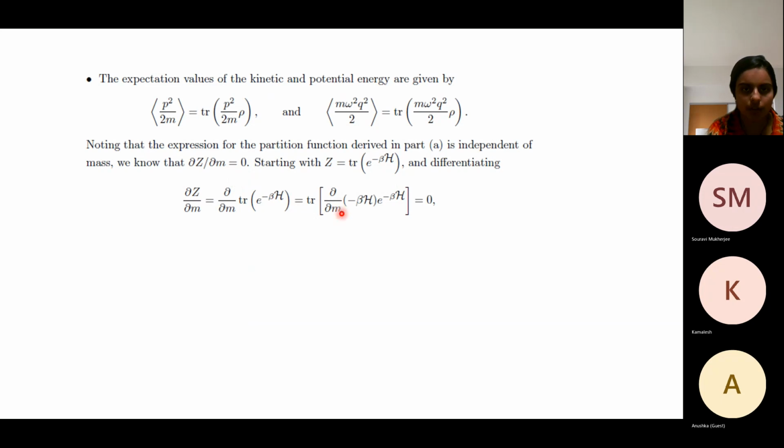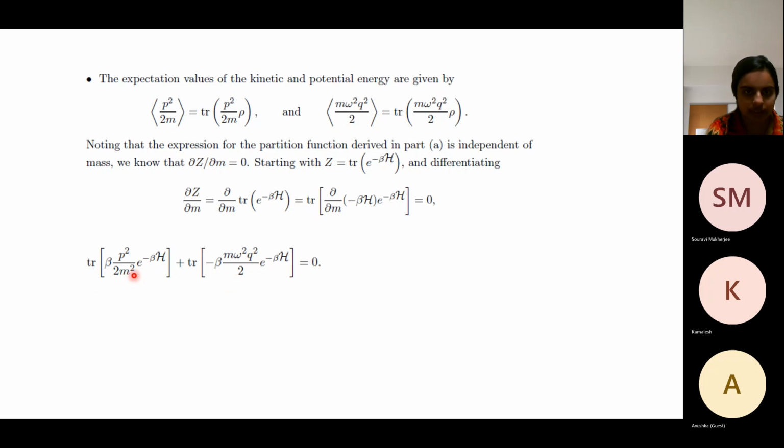So del m of minus beta H e to the power minus beta H is equal to 0. Now if we substitute the expression for the Hamiltonian, H is given as p square by 2m plus half m omega square q square. So this is what we have got.